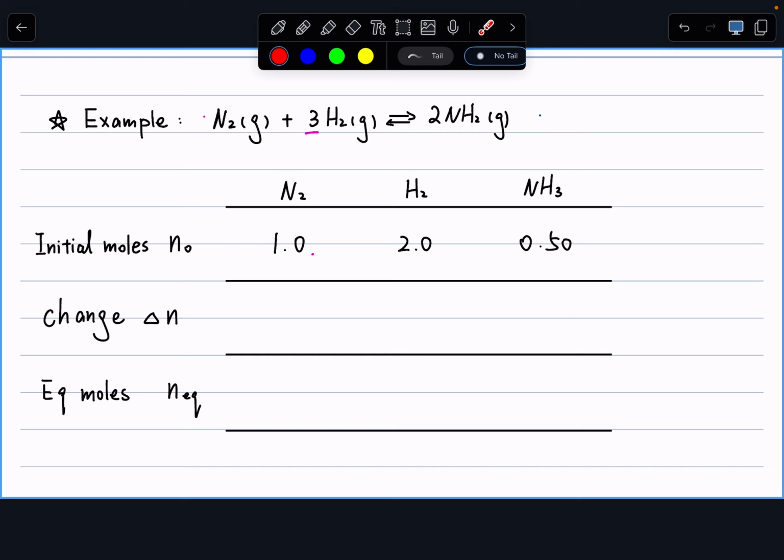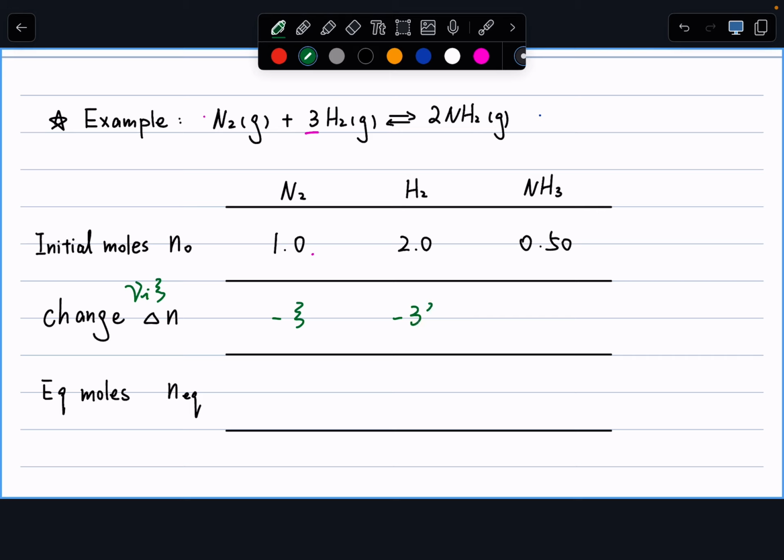When we set up this table, the change in the number of moles of each species is always the stoichiometric number times the extent of reaction C. For N2, the change is negative C, negative because the stoichiometric coefficient is negative.